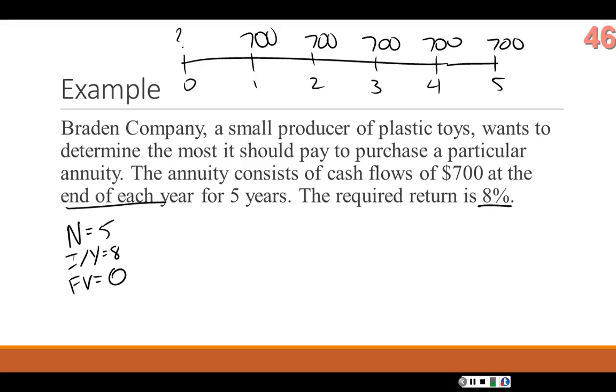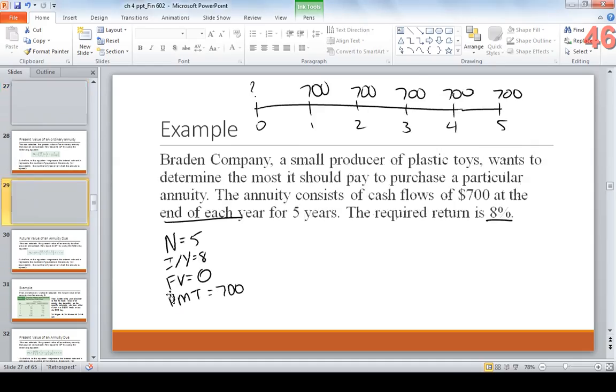At the end of the period, when this project is done, there's not going to be any cash flows left over that will be returned to the company. And the payment, it's going to return to the company $700 every period. And they want to know how much they should pay for this investment, or what is the most that they're willing to pay.